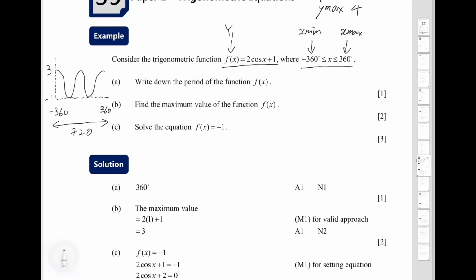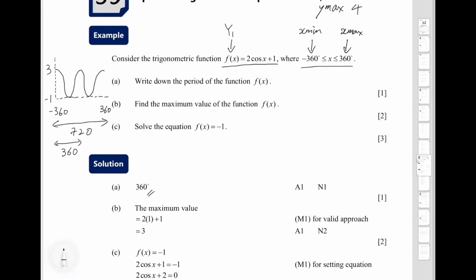So for 720 degrees, the graph repeats itself 2 times. That means on average, the graph repeats itself once for every 360 degrees. So we can conclude that the period of this trigonometric function f(x) is 360 degrees.